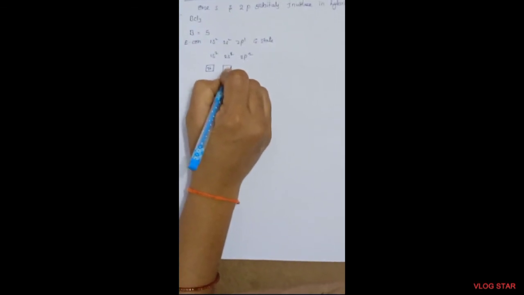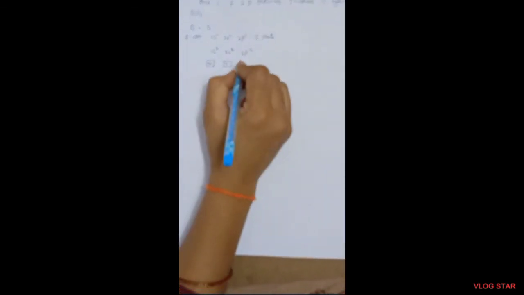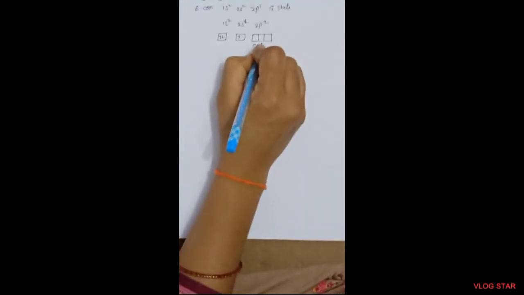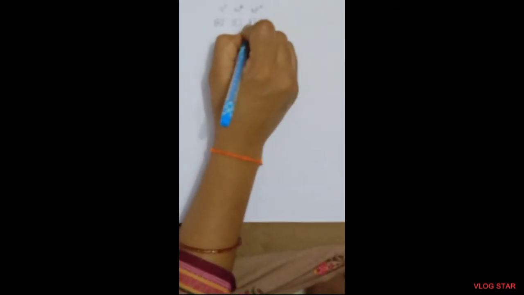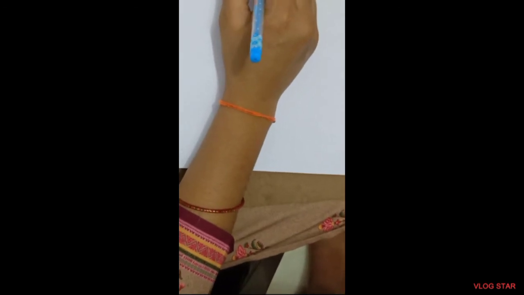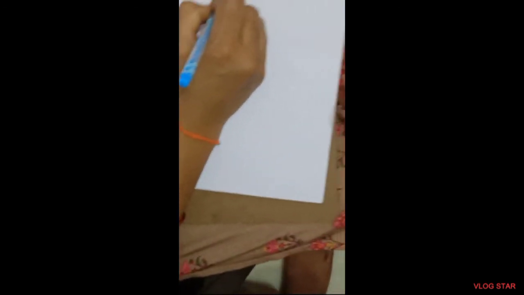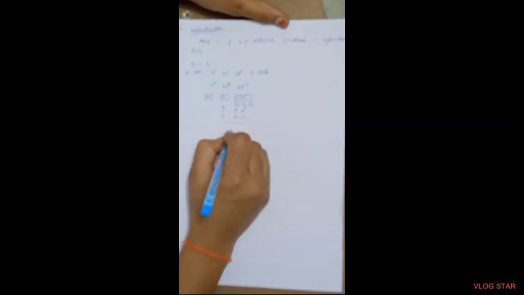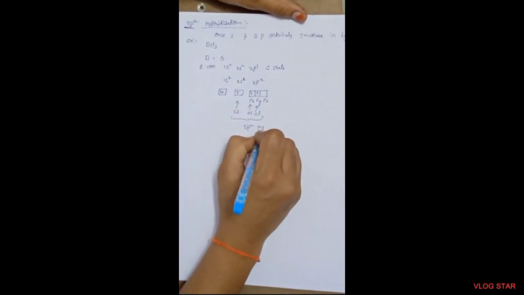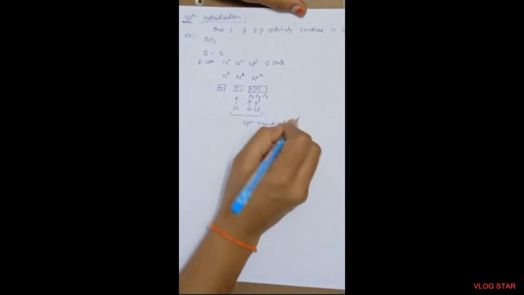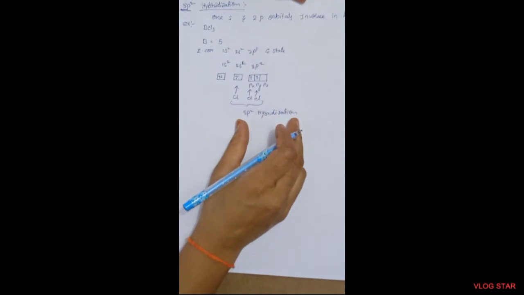See here. Px, py, pz. These three chlorine atoms overlap with these orbitals. We get sp2 hybridization. The hybridization is sp2.